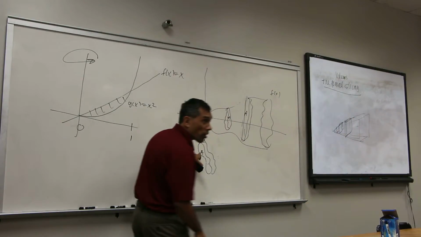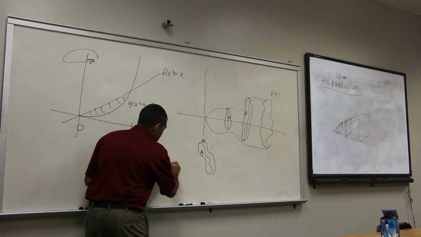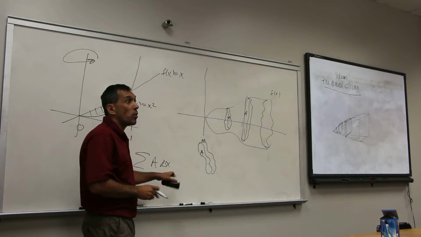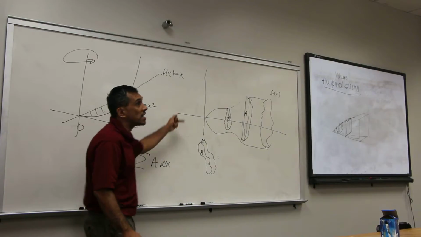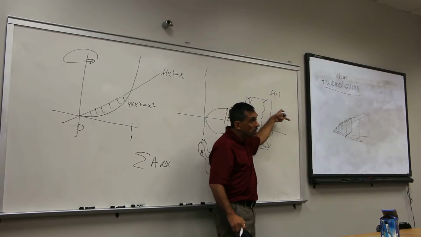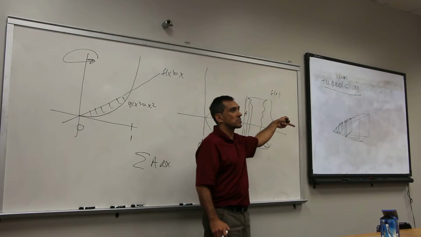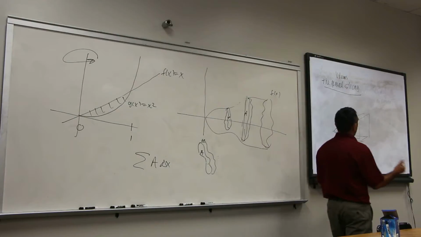So you take the area of the face, multiply by the thickness, and add them all up, and let delta x go to 0, keeping in mind that the area is a function of x. This is called the general volume form.